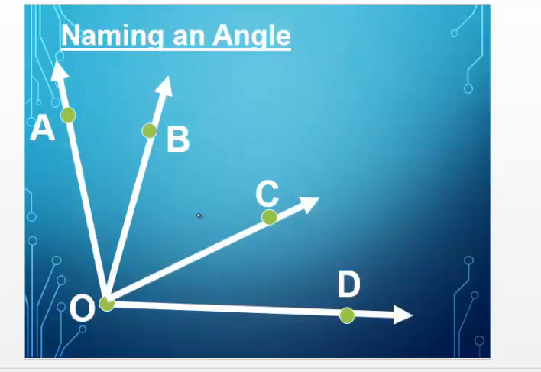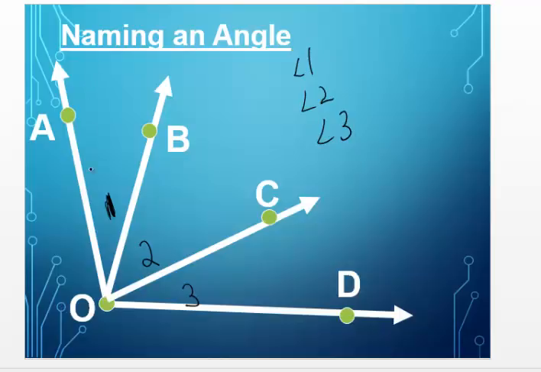O. Naming the angle. There are many ways that you can name this angle. One way that you could name this angle is by putting numbers inside of here. 1, 2, 3. So this angle could be angle 1, this one's angle 2, this one's angle 3, and we could write that angle 1, angle 2, angle 3.